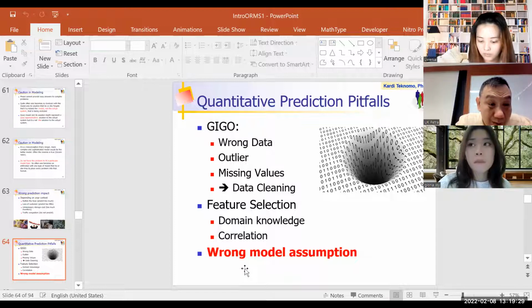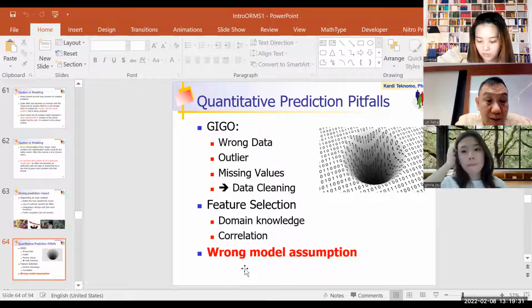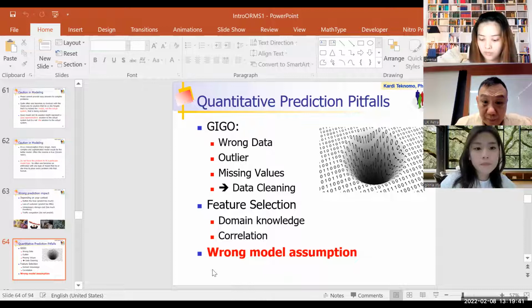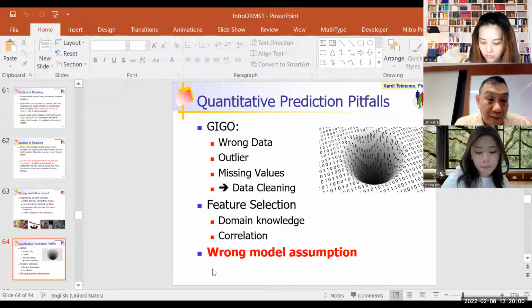But at the same time, this model means nothing because actually it's a wrong model. It's a wrong model assumption. In fact, usually they will call this IID. If you read some books, they will write it as IID. What does IID mean? Independent identical distribution. It must be independent, so it cannot be correlated.